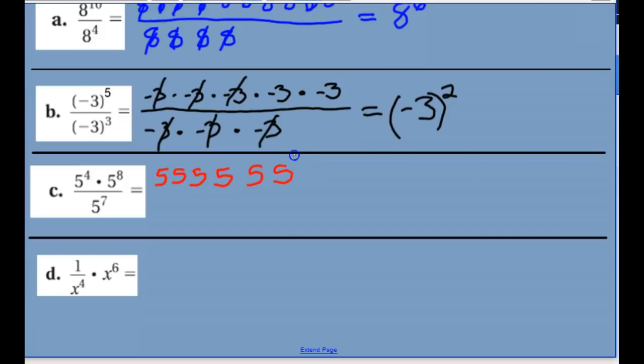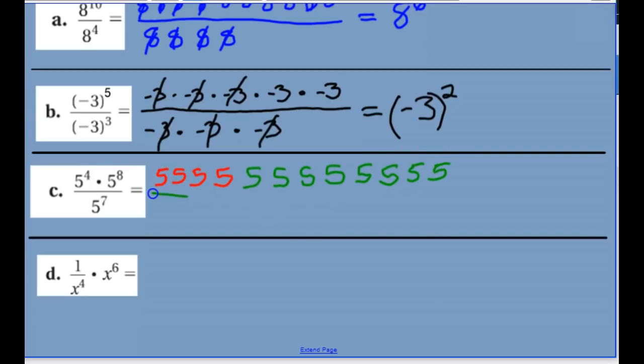Well, let's make those a different color. So 4, 5, 6, 7, 8.